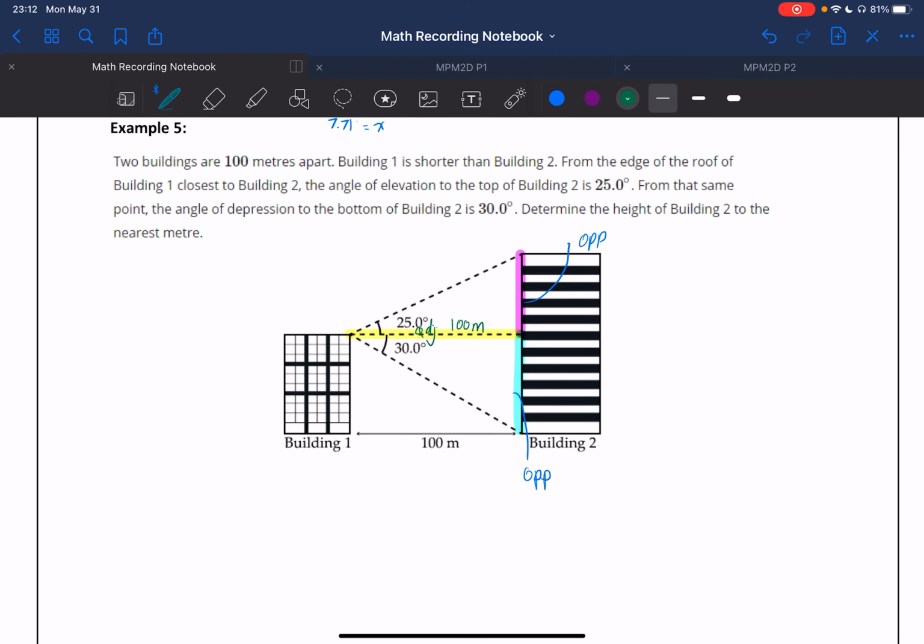So what we're going to end up doing is creating two different measurements that we're going to add to the total. We're going to have a lower, let's just do these in colors that I recognize. So we have the lower part of the building, and we have the upper part of the building.